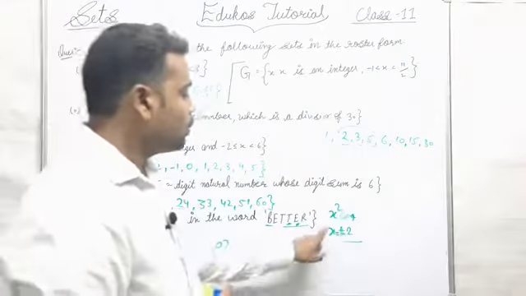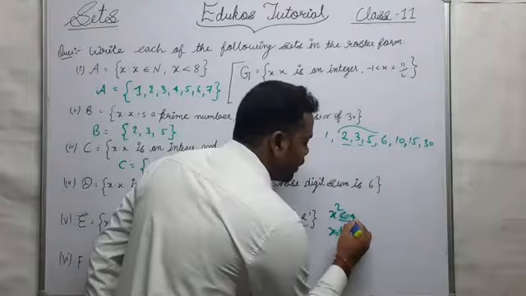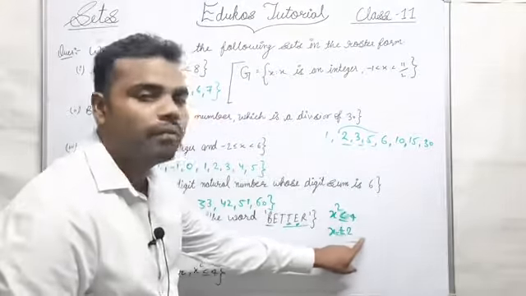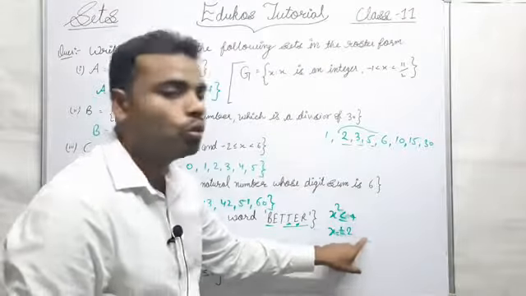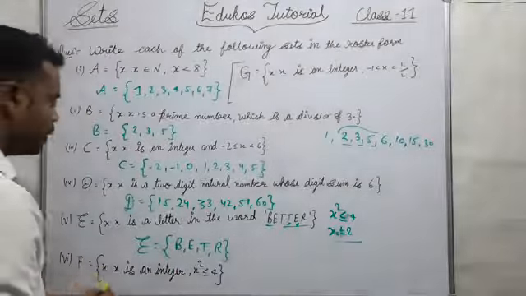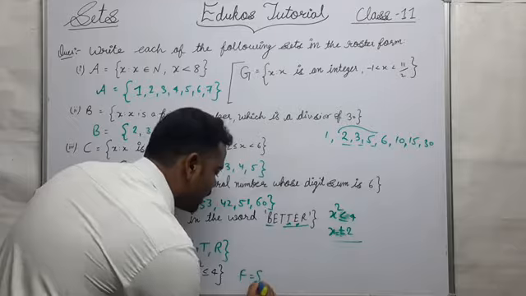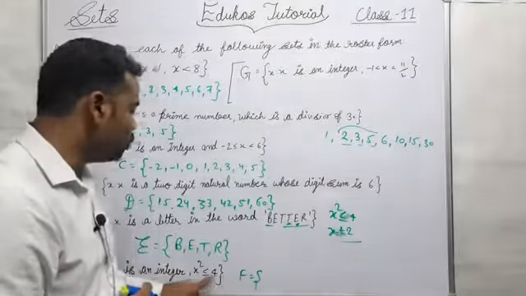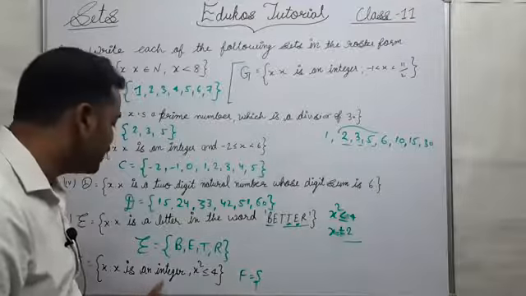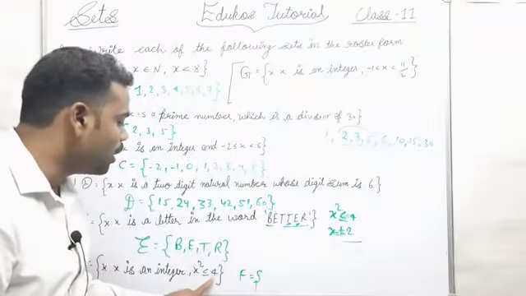Okay. So we can write the values from -2 to +2. Okay. So I am writing it here. So F is a set of numbers whose square is less than or equal to 4.